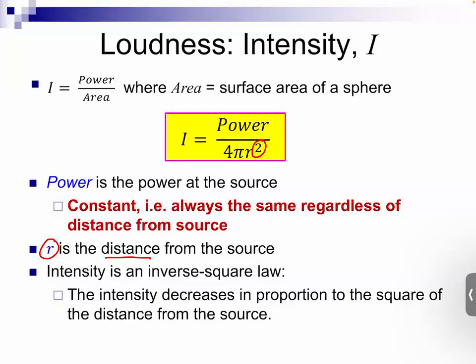The intensity or the loudness, and that's why the farther you are from the source of sound, the softer the sound you hear, because of this inverse distance square relationship.